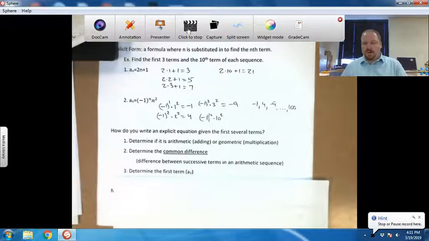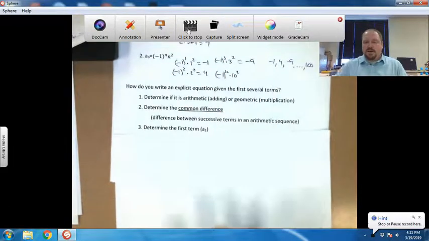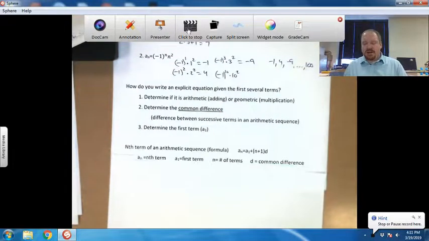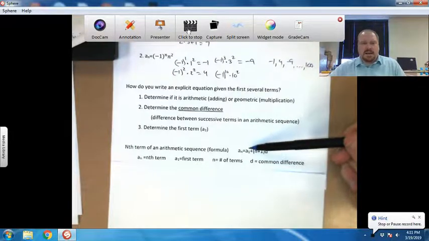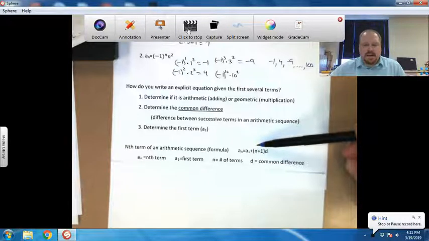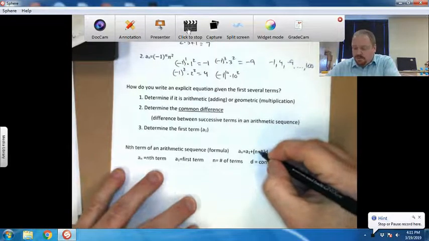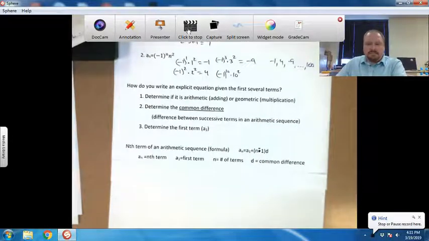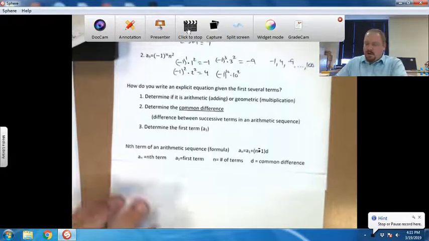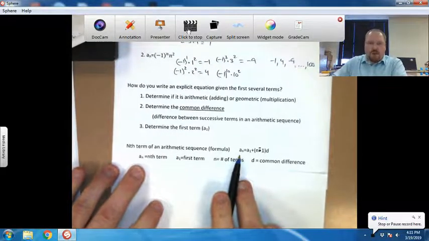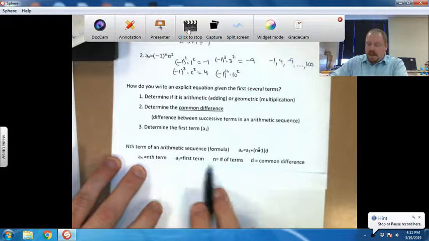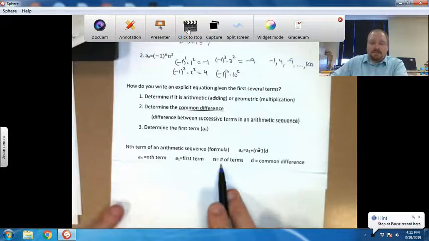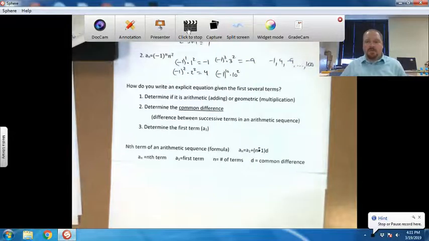Once you have that information, then we can plug it into this formula, where a sub n equals a sub 1 plus, this should be n minus 1, times d. Where a sub n is whatever number in the list that you want it to be. A sub 1 is going to be the first term in the list. n is the number of terms in the list. And d is the common difference.